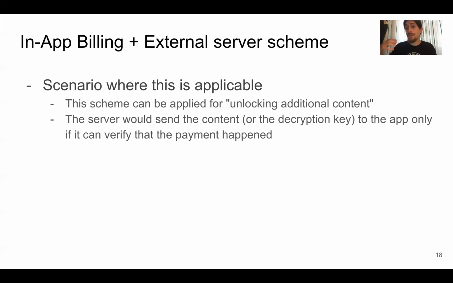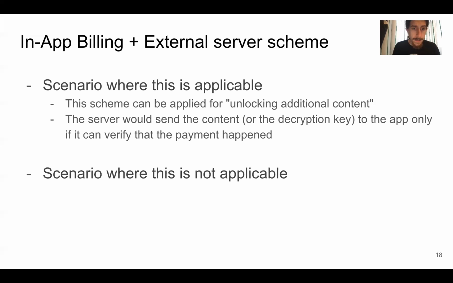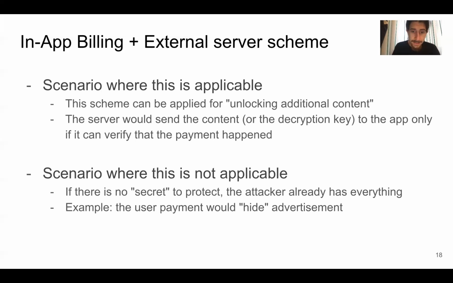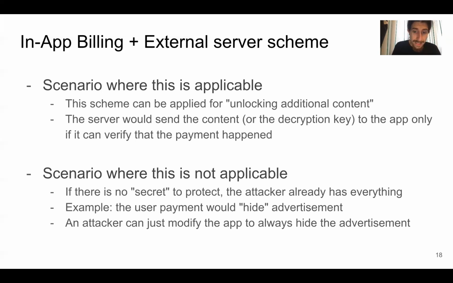And maybe the content is already on the application, but it's encrypted, and the server will ship the decryption key only if it could check that yes, the user paid. It's not applicable, for example, if there is no secret to protect, like the hide advertisement example, because in this case the attacker could just always modify the app to not show advertisement.